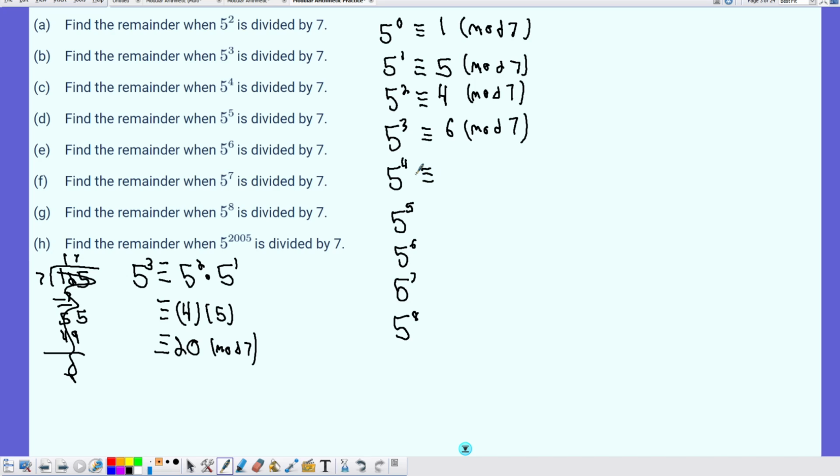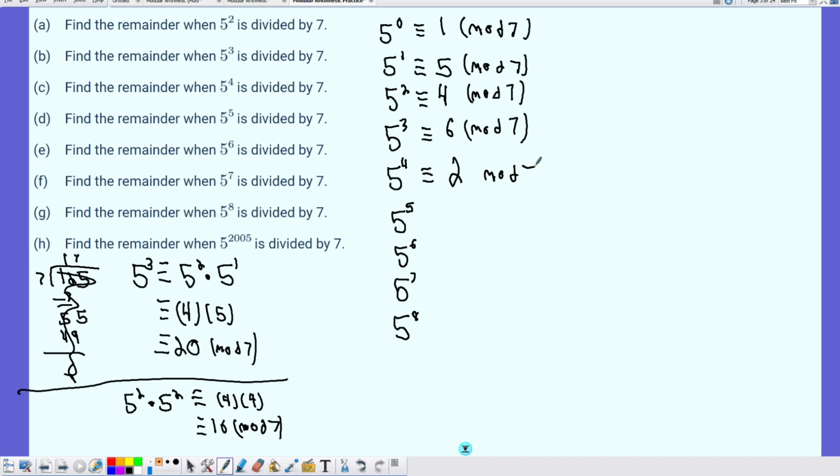So 5 to the 4th. Well, that's 5 squared times 5 squared, which is 4 times 4, congruent to 16 mod 7. 7 times 2 is 14, plus 2 is 16, so the remainder would be 2 mod 7.